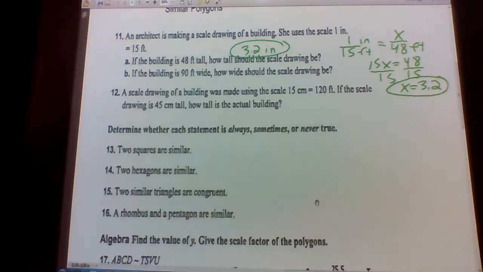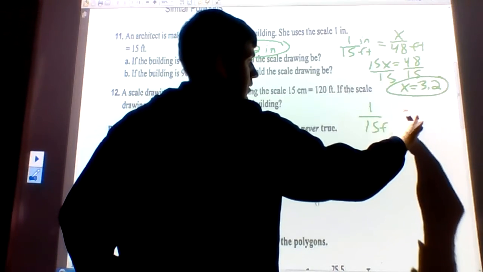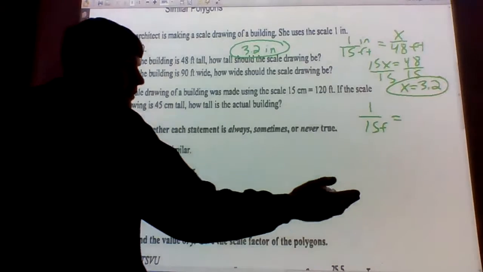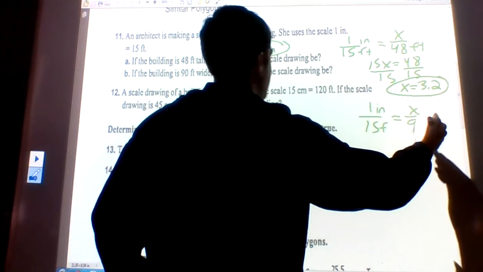Okay, if the building is 90 feet wide, how wide should the scale drawing be? So same thing. We're going to have 1 over 15. Okay, and then how many inches is 90 feet going to look like?